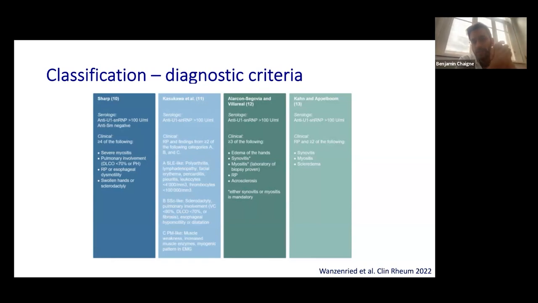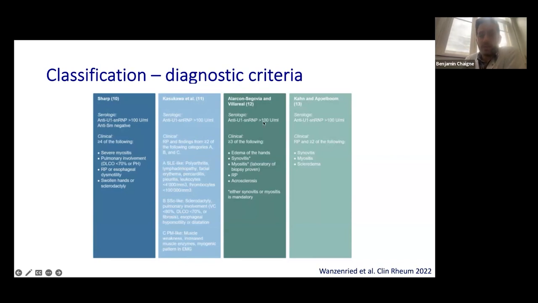The second classification is the Kasukawa classification, which also states, and it's the common thing in all classifications, the presence of anti-U1 RNP antibodies, along with, here again, clinical features of SLE, SSc, and myositis, as you can see on this slide with SLE features, SSc features, PM features.